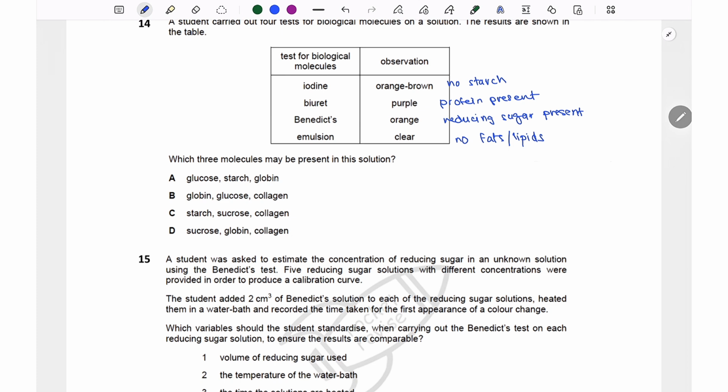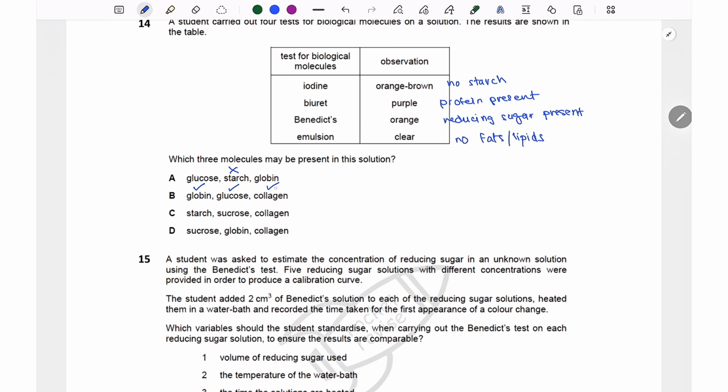Glucose, starch, globin. Starch is not present. We saw that here. B, globin, glucose, and collagen. All 3 are present. Globin is a globular protein. Glucose is present because reducing sugar was present. It was orange.